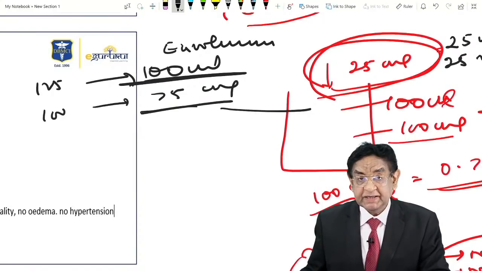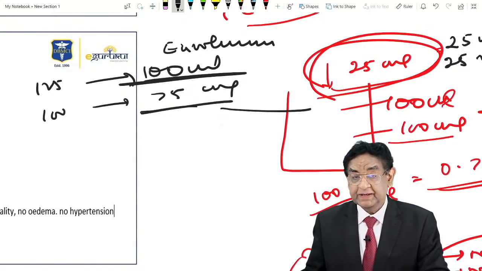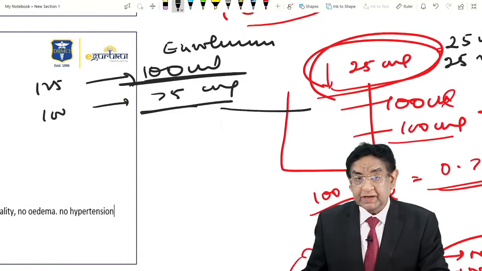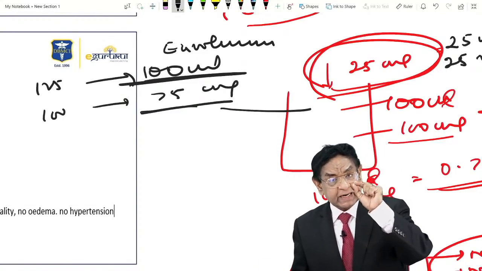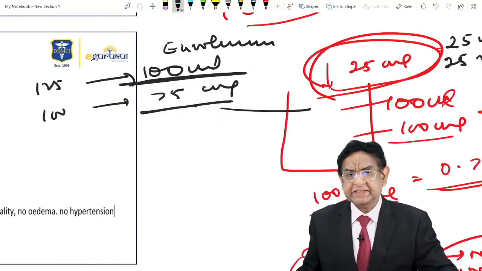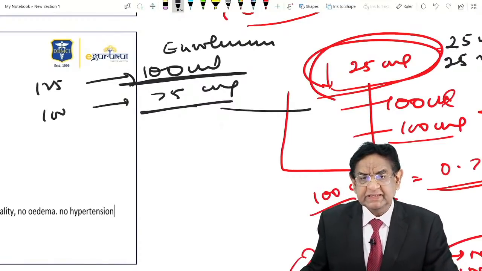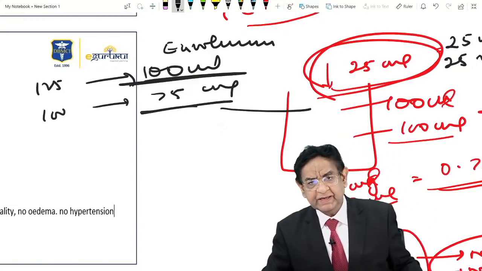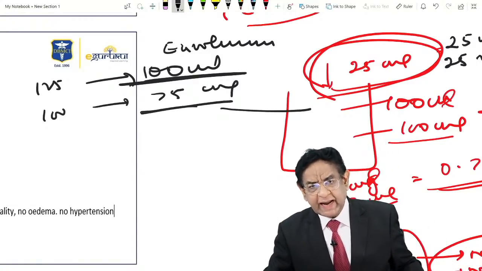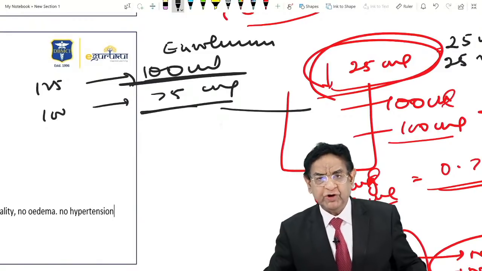hyponatremia is there as compared to the so-called volume. So there is comparatively slightly excess of water as compared to sodium. Just to give an example, I gave you a simplified version, but it's not an absolute term, it's not euvolemia.